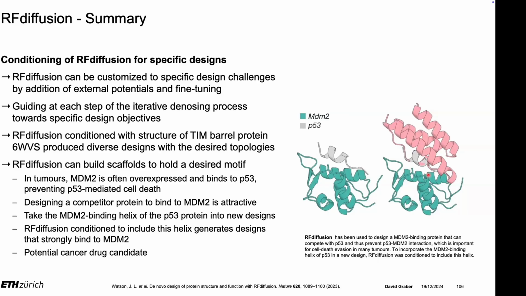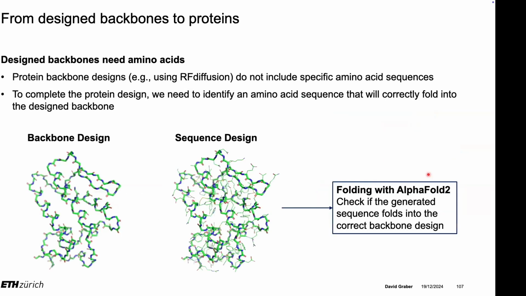Yes, but so far, I've told you that RF diffusion generates protein backbones. So you might wonder, because the protein backbone is not at all a protein yet, right? It's just the backbone. Something that you might see here, all these amino acid backbone triangles in a chain, but they don't have anything attached, they're C alpha atoms. So they don't have side chains and they don't have amino acid identities.